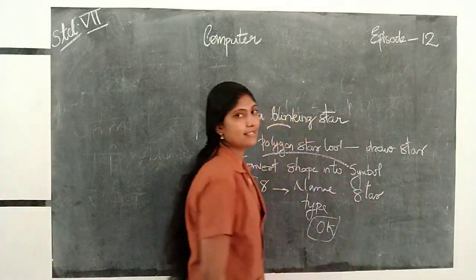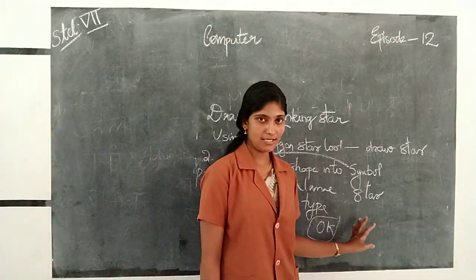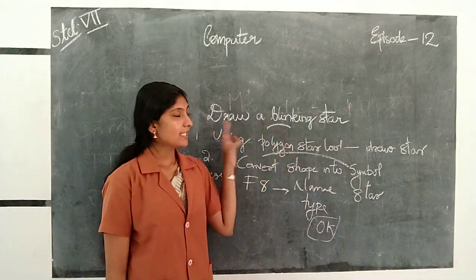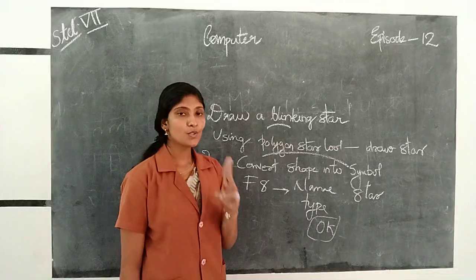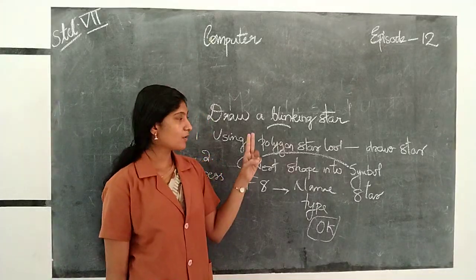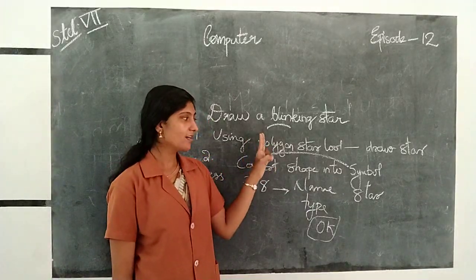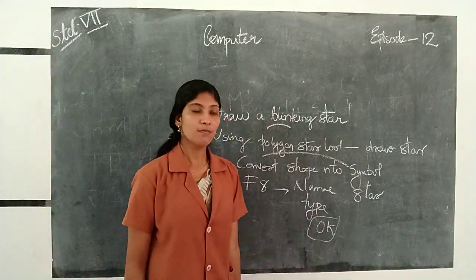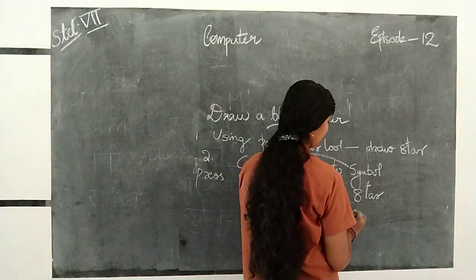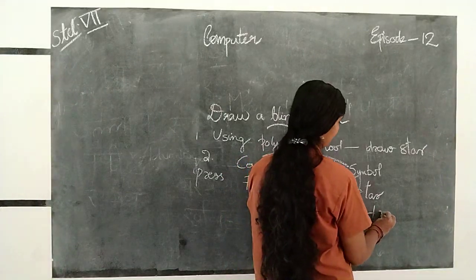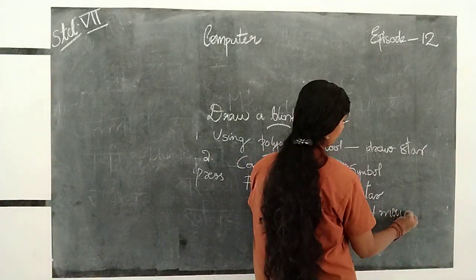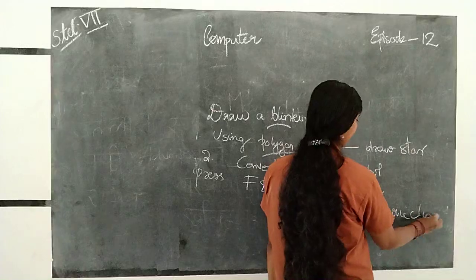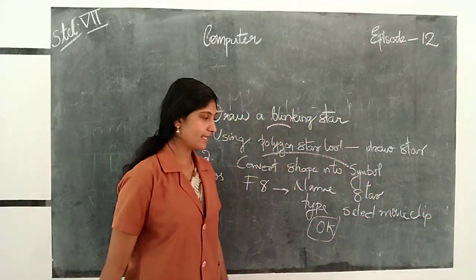So name is star, and the type is, we know there are three symbols. So choose the correct symbol according to your requirement. So here we want a movie clip. So select which type? Movie clip. Select movie clip. Then after that click OK.